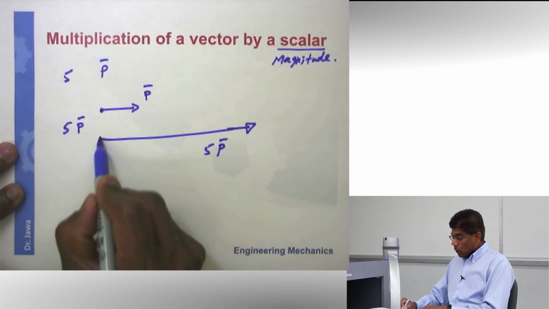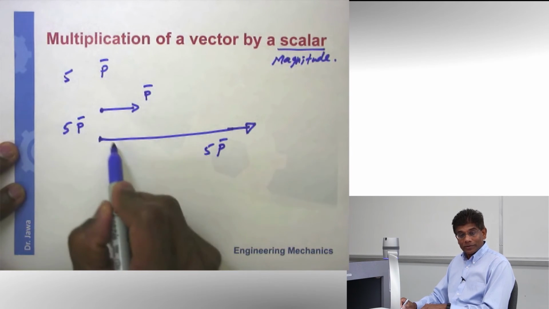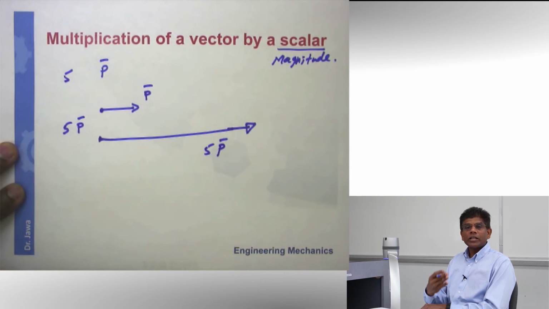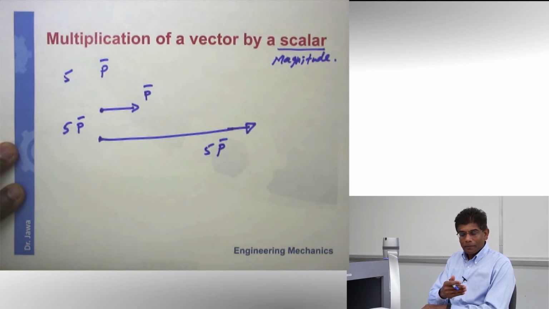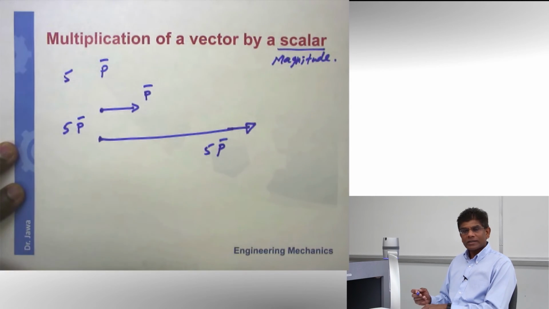In other words, what has changed from here to here is not the direction, only the magnitude. So if you take a vector and multiply by a scalar, the vector changes its magnitude by that many times, but the direction remains the same. So multiplying a vector by a scalar is a very simple process.